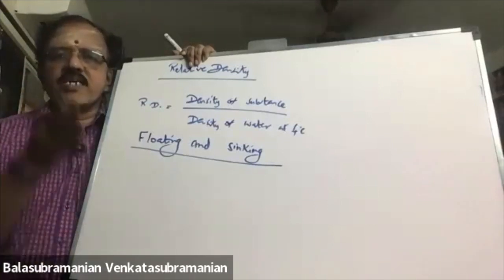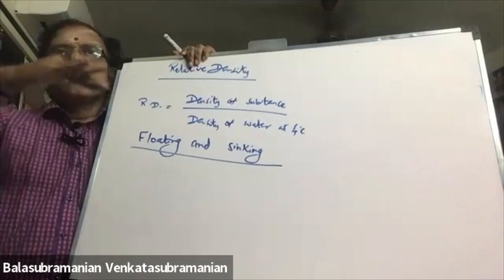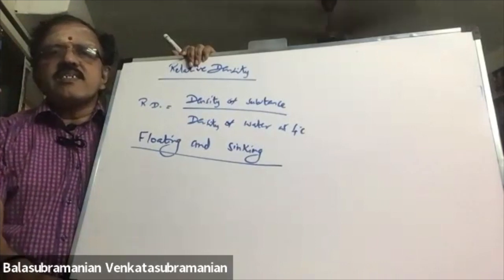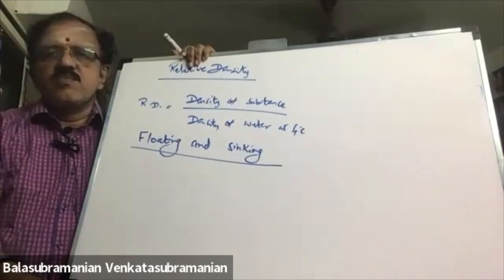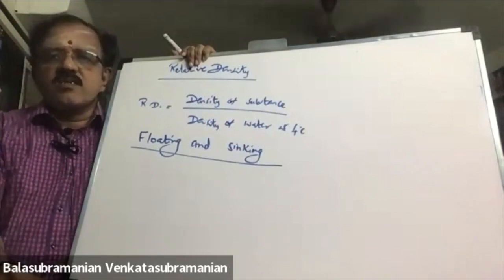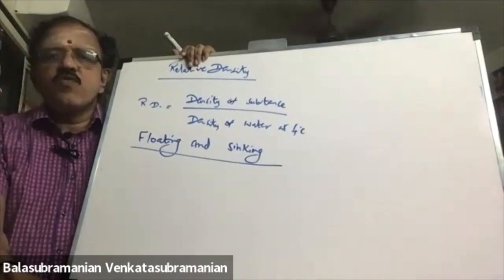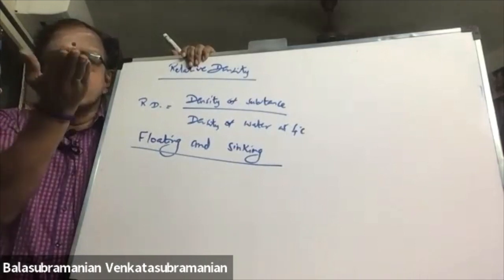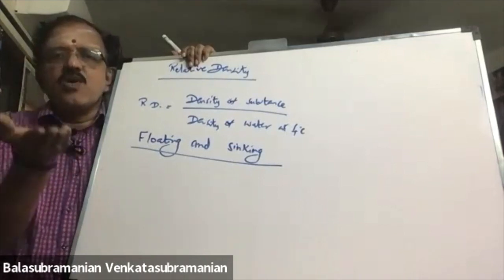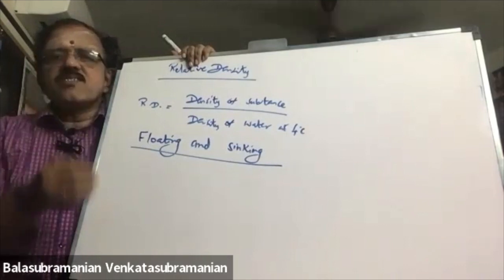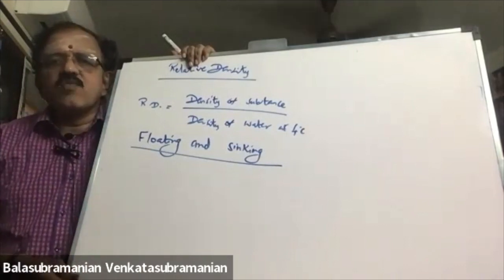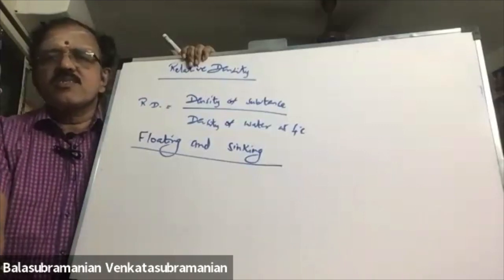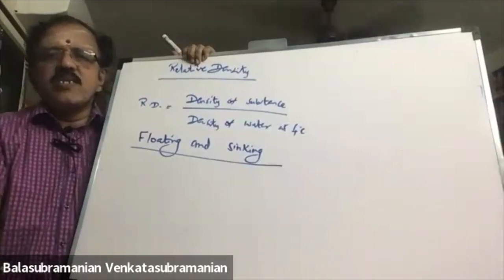After some time, you can see kerosene will be at the top, water will be at the bottom, because the density of kerosene is less compared to the density of water. Water having higher density is at the lowest point. So this is the concept of relative density.